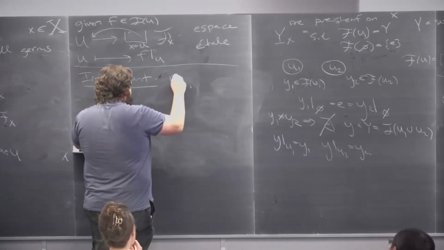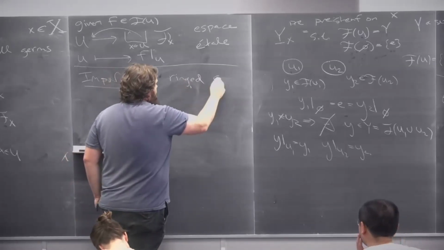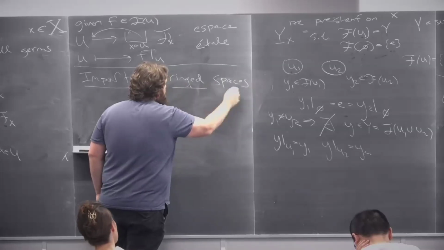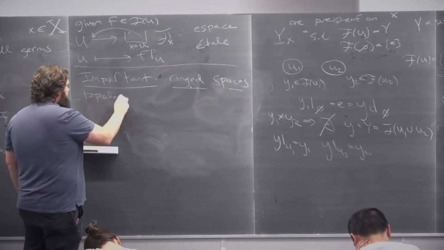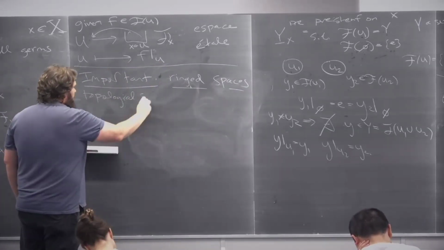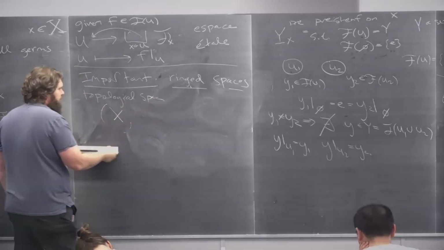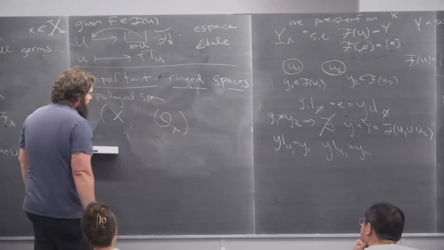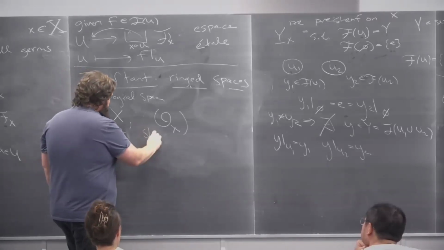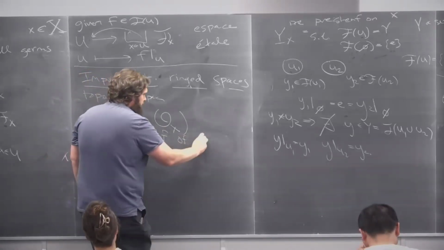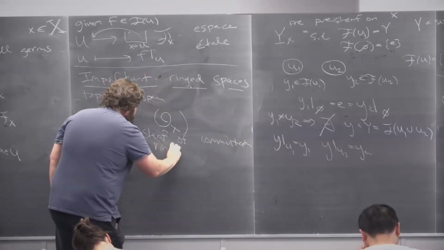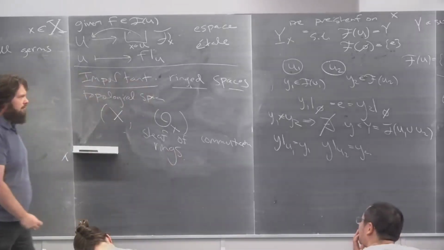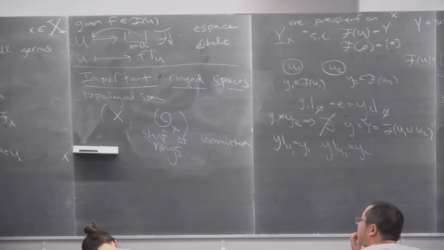And the way we formalize that idea is to think about what are called ringed spaces. That's a pair of a topological space, like we've been dealing with the whole course, X, and then I want to put on that a sheaf of commutative rings. At the moment, I don't want to put any other restrictions.